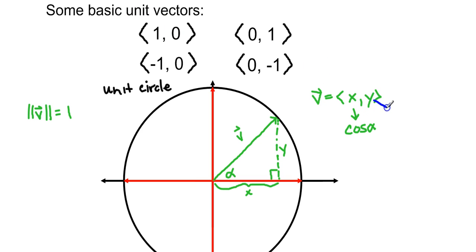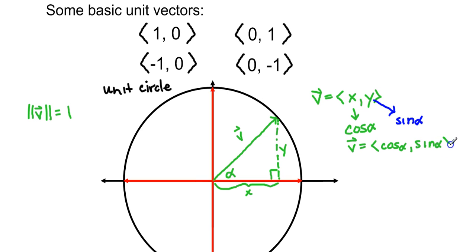My y component I can write as, relative to alpha, the opposite over the hypotenuse, or in this case the magnitude. So I can write this as the sine of alpha. So in this particular case, I can actually rewrite my vector v as something that looks like this: the cosine of alpha, comma, the sine of alpha.